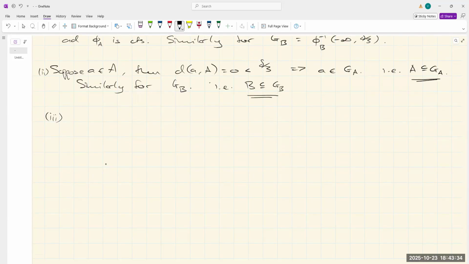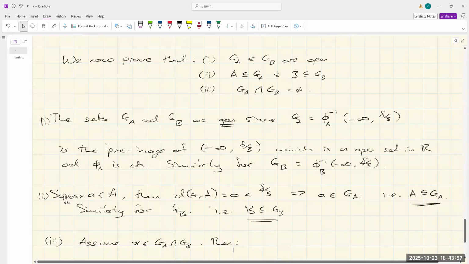So we could do a proof by contradiction for this one. Let's assume they are not disjoint. So assume that there's an x in their intersection. If x is in GA, what is the definition of GA?